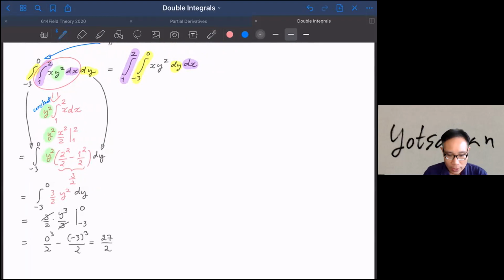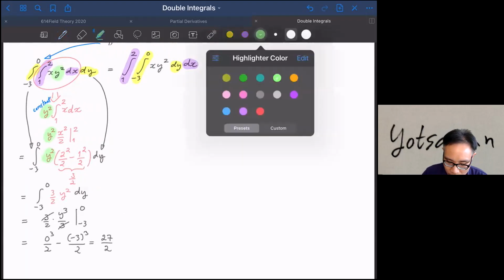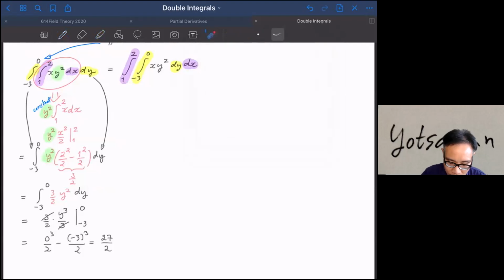The second one we're going to compute has this one inside, so you integrate xy squared by dy. For this one, x is a constant, and you compute the inside integral as before.